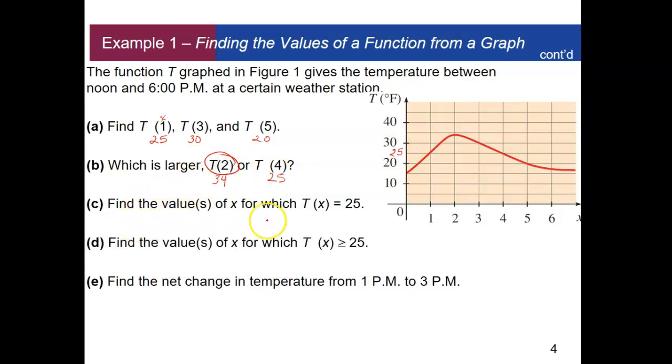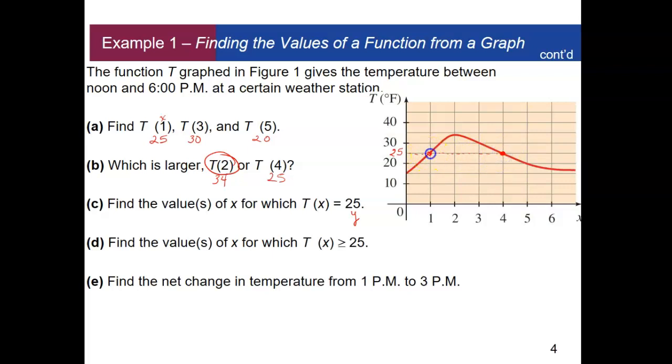Okay, in part C, find the values of x for which T of x equals 25. So here it's giving me the y value or my dependent value. So I'm going to go to where y is 25, and I'm going to trace this back over. I want to find the x's where that happens. Okay, so it's 25 here and it's 25 here.